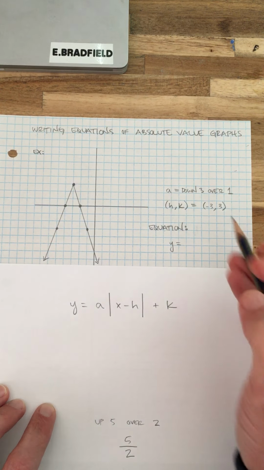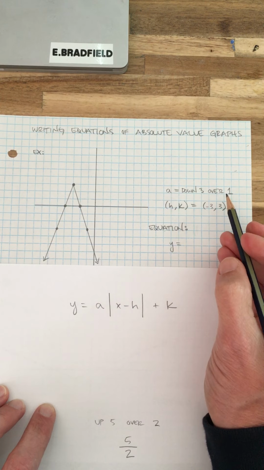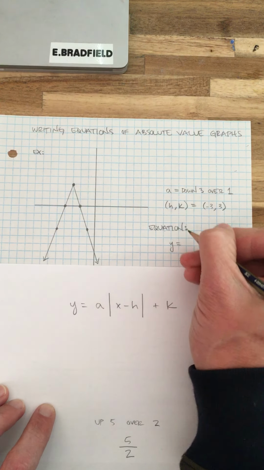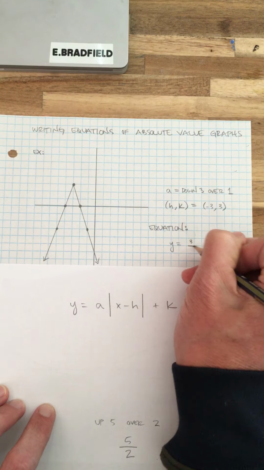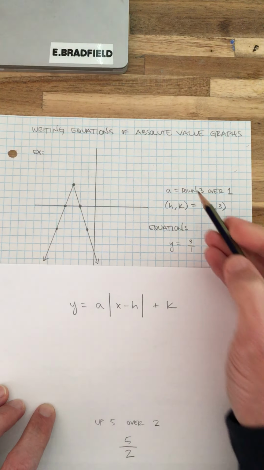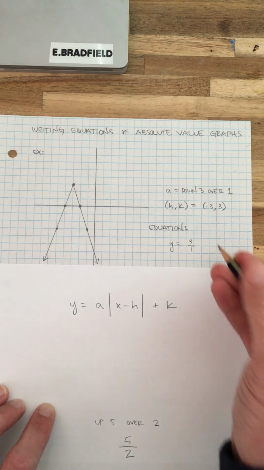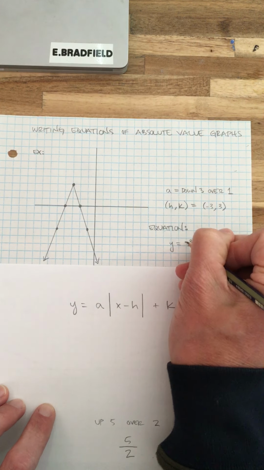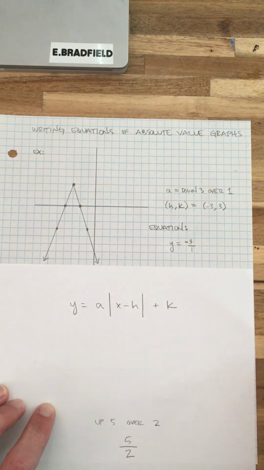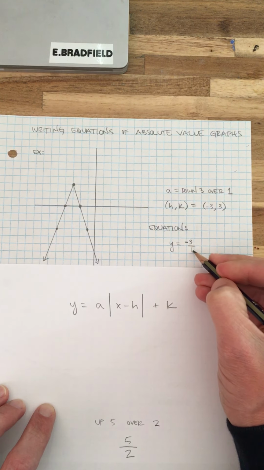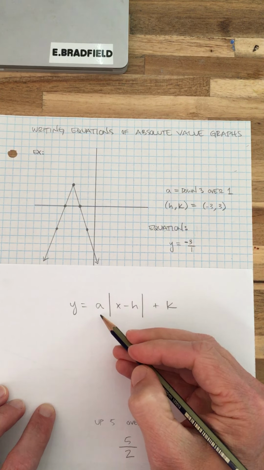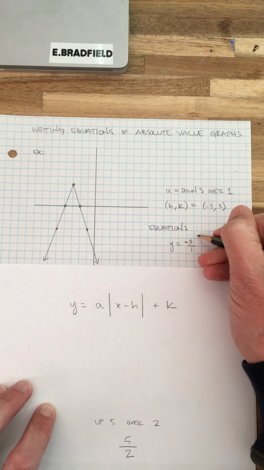Okay. So we're going to do the same thing here. Down 3 over 1, it's still going to be 3 over 1, but because it's down 3, what do I need to do to that? That's right, it needs to be a negative 3. Okay, so negative 3. Okay, so we got our a. Now let's put our absolute value sign.